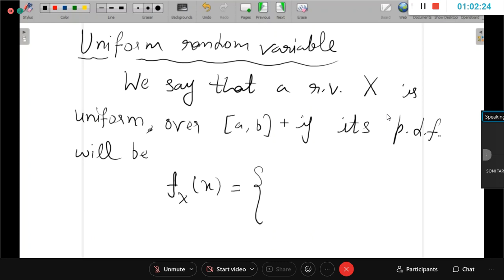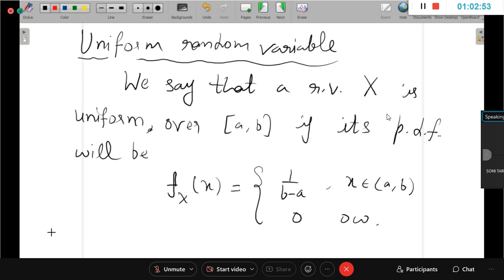fx of x is equal to, over this interval you have uniform length, 1 upon b minus a, 1 upon the length of the interval whenever x lies between a to b. Closed interval or open interval, it doesn't matter, and 0 otherwise.